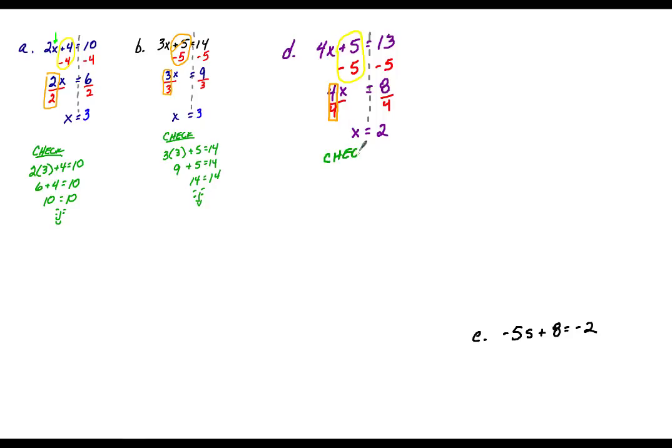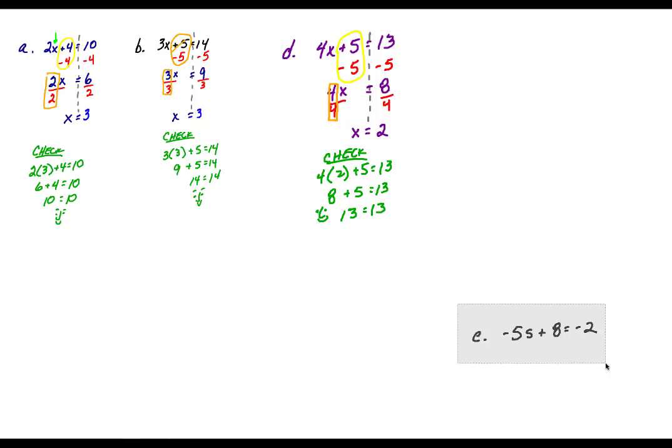When I check my work, I end up with 4 times 2 plus 5. Is that 13? Well, that's 8 plus 5. And yes, 8 plus 5 is 13. Yay for us. All right, last one.